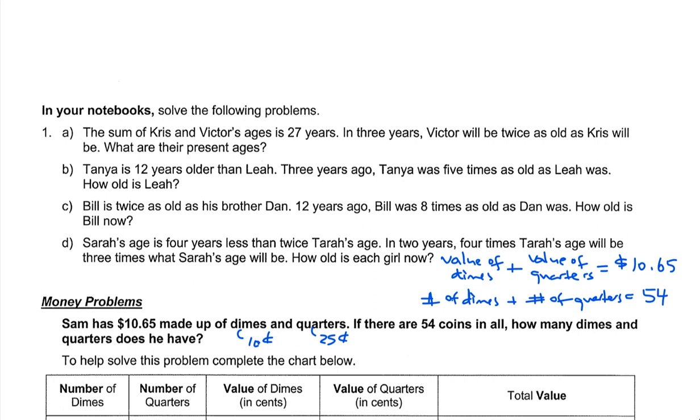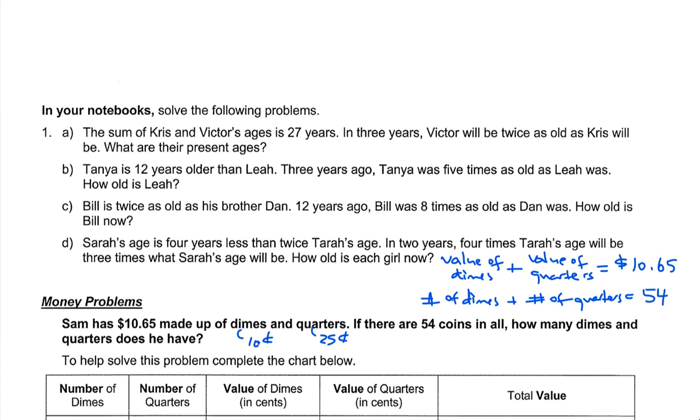This is very much like the age questions and the number questions. If you know that two quantities add up to 54, and you give one of them a variable, then you can figure out how many quarters there are using that variable. So for example, if I knew there are 10 dimes, then how many quarters are there? Well, it would be 54 minus 10.